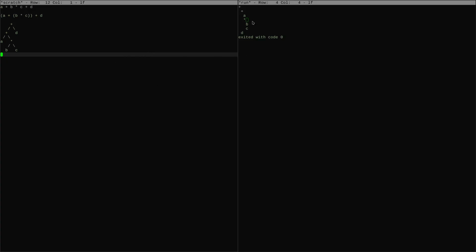Okay, so yeah, this is correctly shaped, I think. The root has this as its left side and D as its right side. And then this has plus as the root, A is the left side, B times C is the right side. This is correct, right?